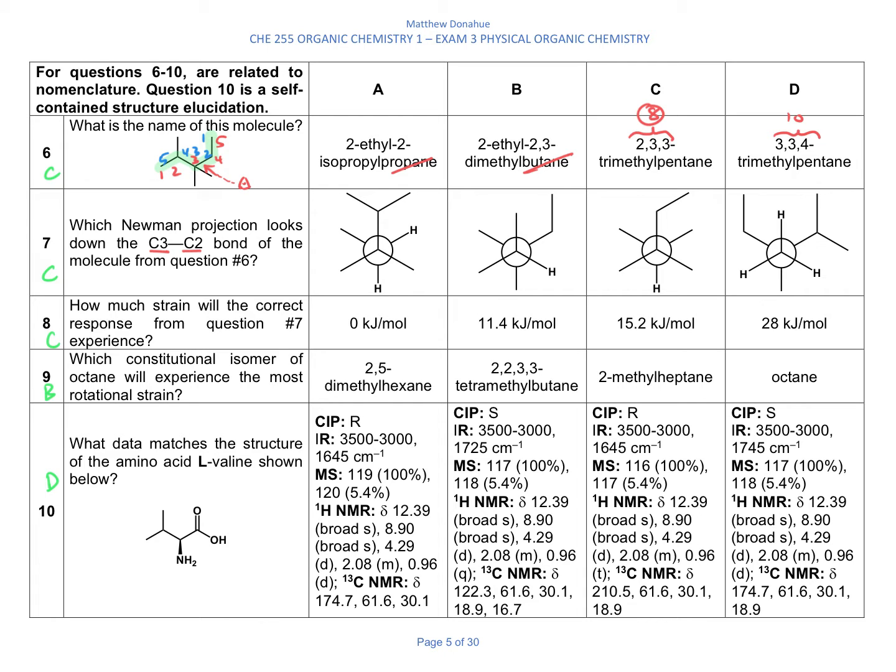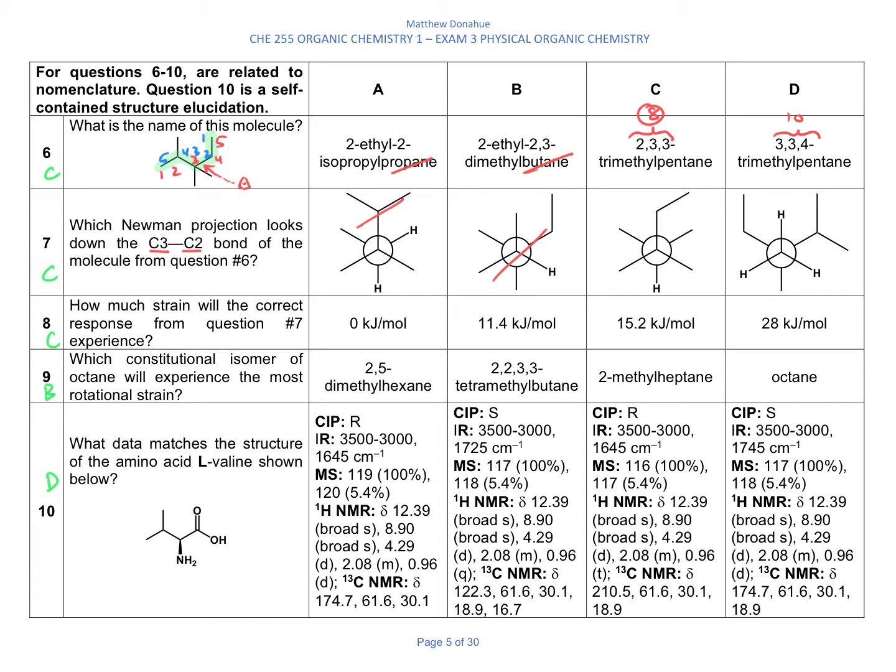And so what that tells you is that the front carbon should have 2 methyl groups and an ethyl group. We can see right away that A has methyl, but then it has isopropyl, so that's wrong. B has methyl hydrogen, so that's wrong.